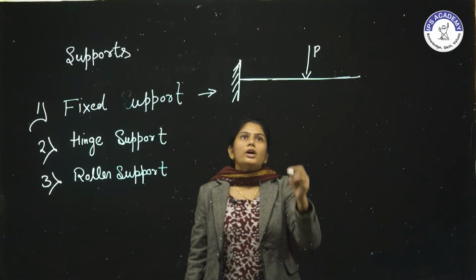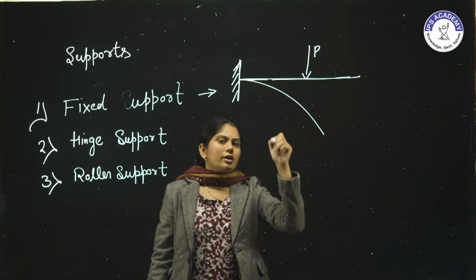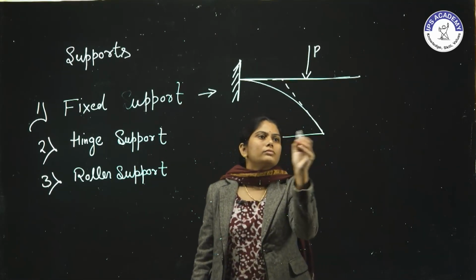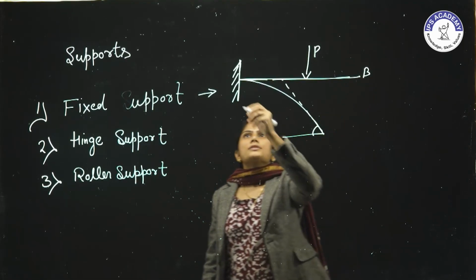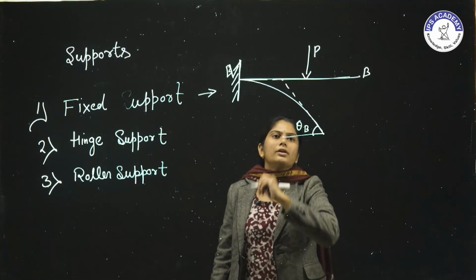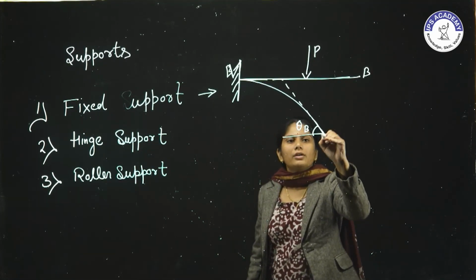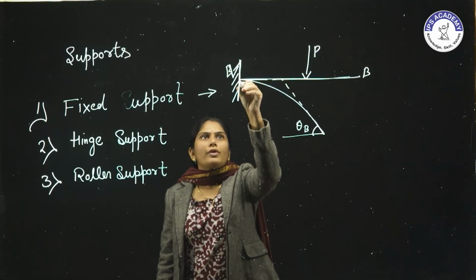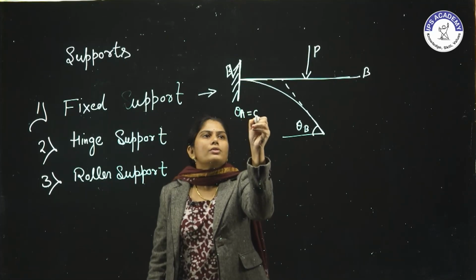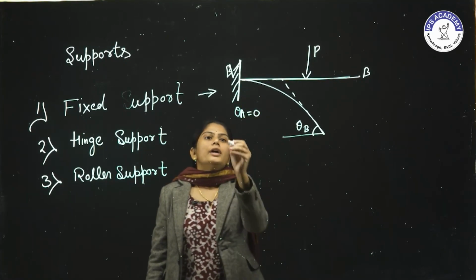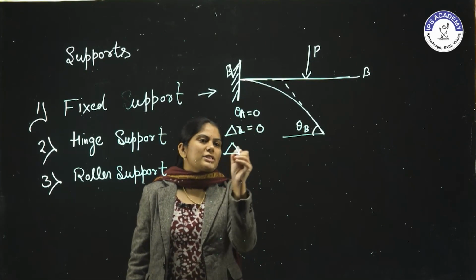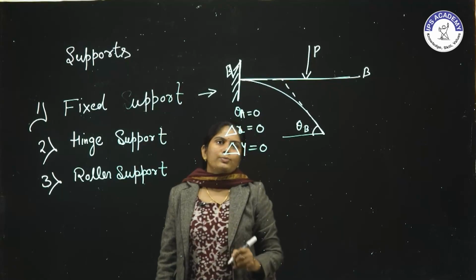After loading, this is B and A, theta B. Slope will be found, and at the point A there will be no slope, theta A equal to 0, and displacement of x will also be 0 and displacement of y will be 0.